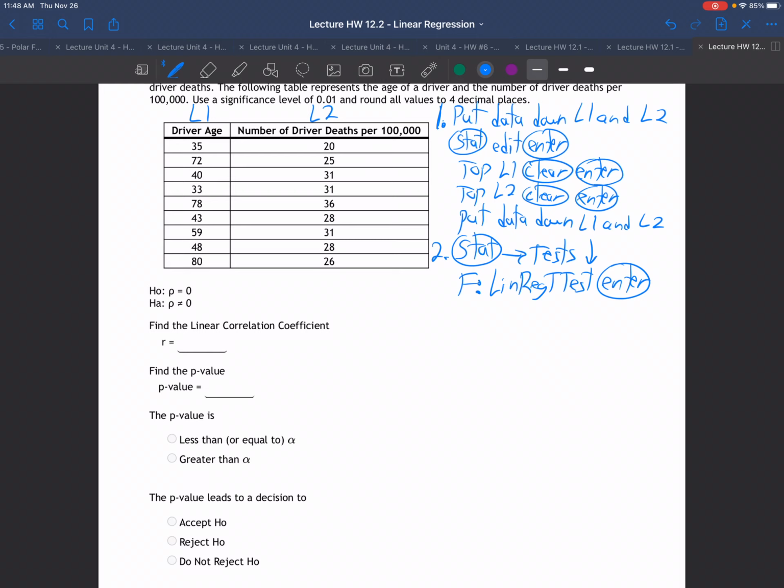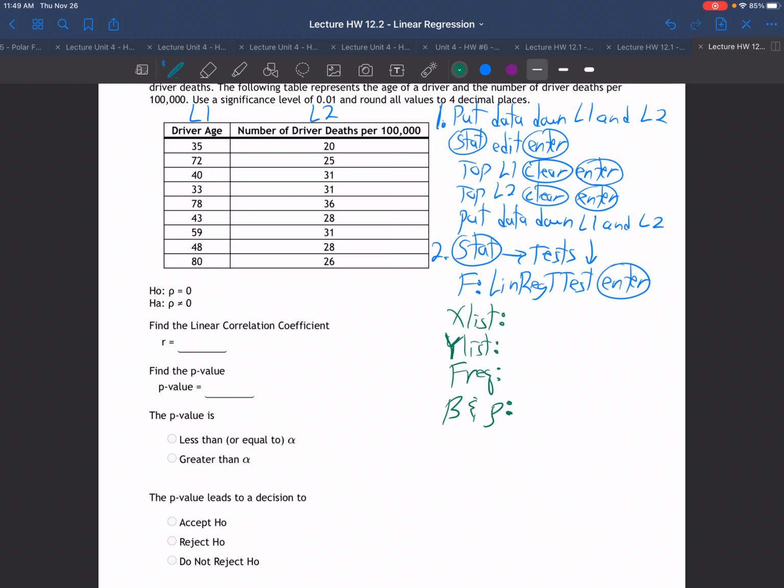When you do, you'll get the following information. It'll say the X list, the Y list, the frequency, and a funny looking B, which is actually a beta, and a funny looking P, which is actually a rho.